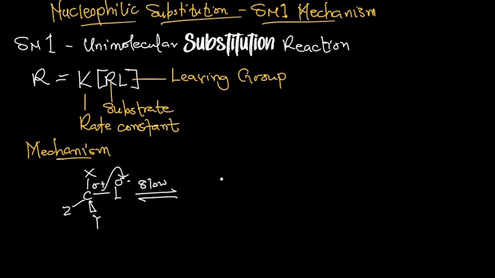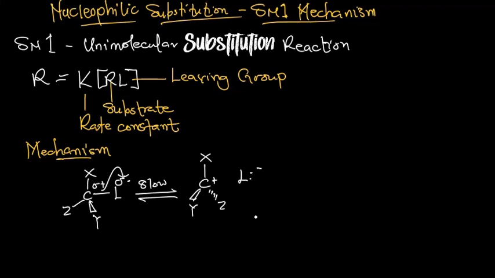and it's going to give us the intermediate. The intermediate is a carbocation. So we are going to have the Y, and we are also having the Z attached, but this time carbon has a positive charge. So the leaving group goes out as a nucleophile this time.